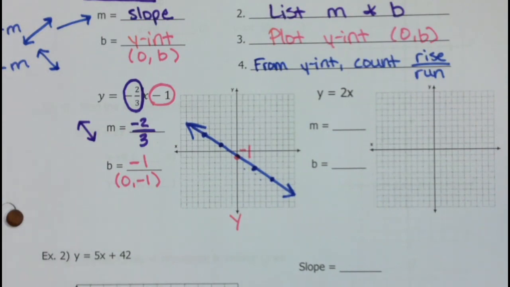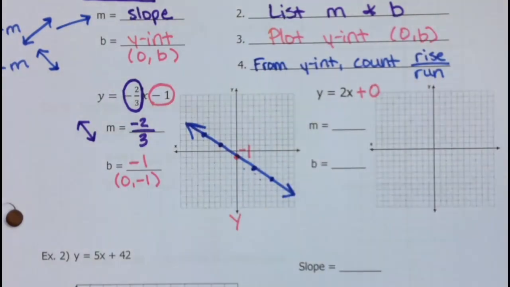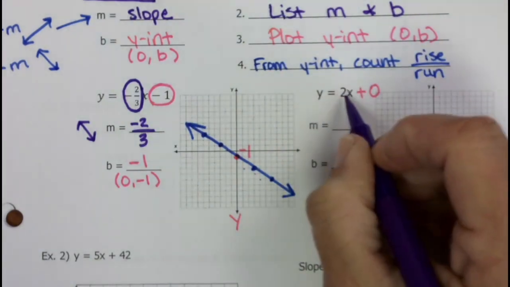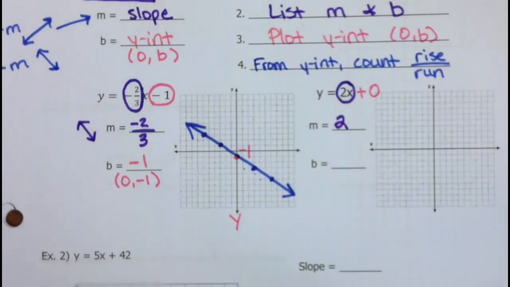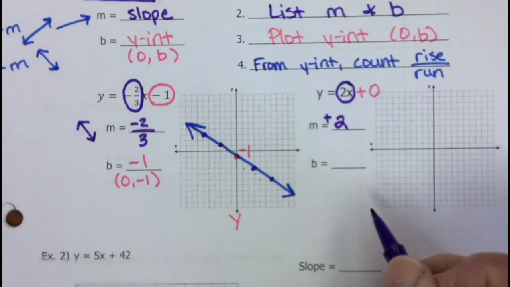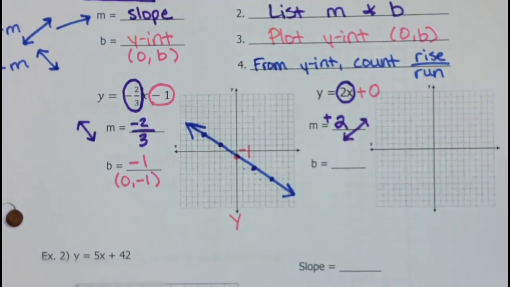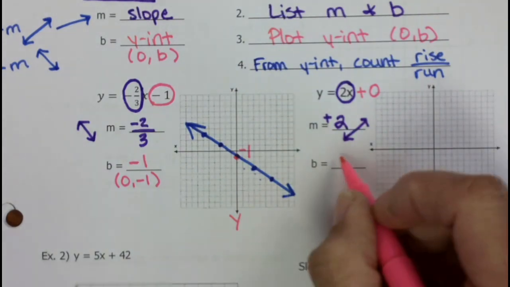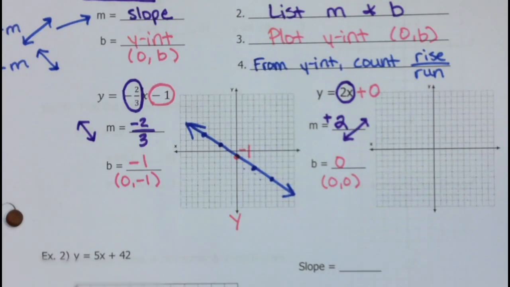All right, next one. The next one says 2x, and then there's nothing after it. That means that technically there's a +0 after it, but it does have an x. So this is my m. So my m is 2, +2, or 2/1. It's going to slant up. And then my b, my y-intercept, is 0, or the origin, (0, 0).